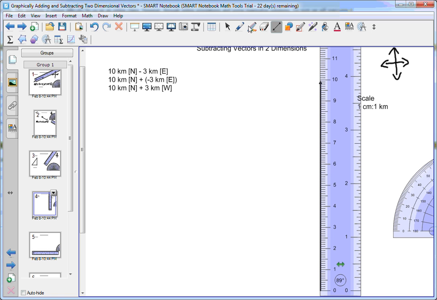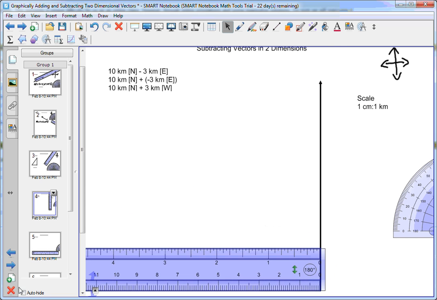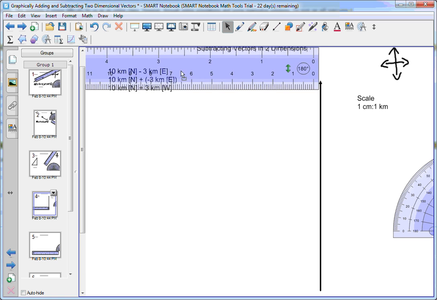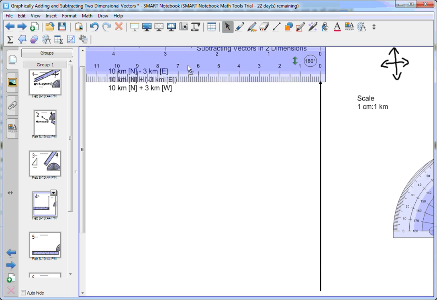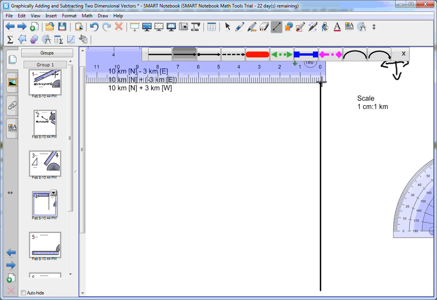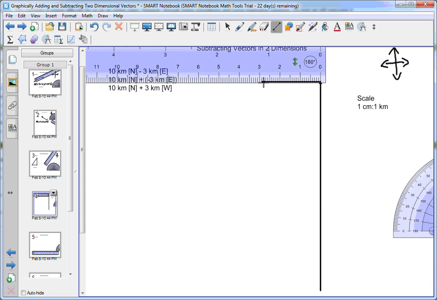Then add 3 kilometers west, or to scale 3 centimeters, that would be.